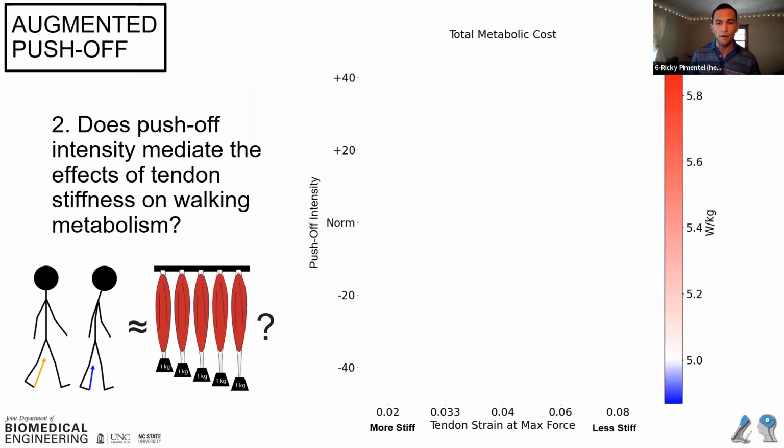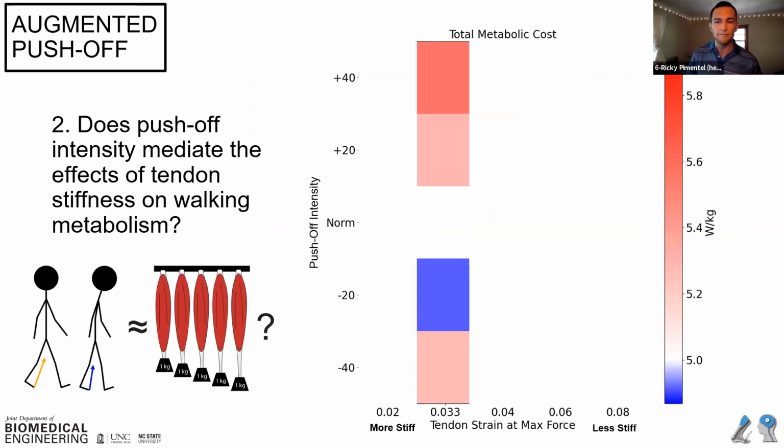So now I'll move on to our primary question, and I'll show these results in a heat map with the metabolic cost from the norm condition and the default tendon stiffness in white, with higher and lower metabolic costs in red and blue, respectively. We can see that 3 to 5% cost increase again in the norm condition across all tendon stiffnesses.